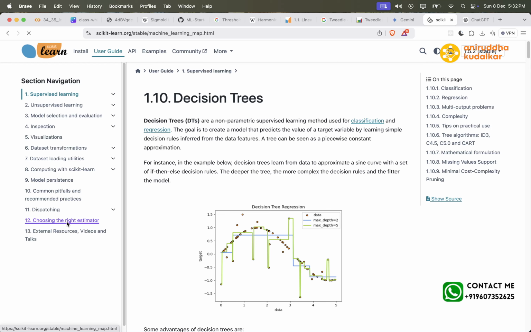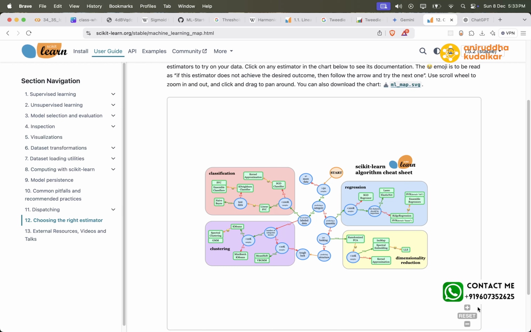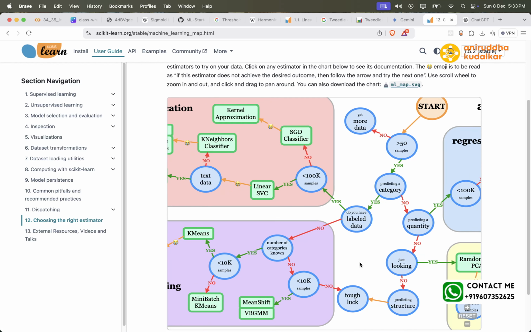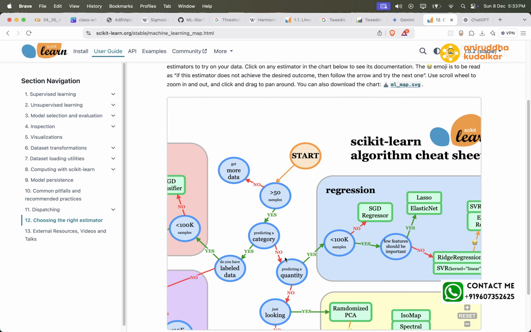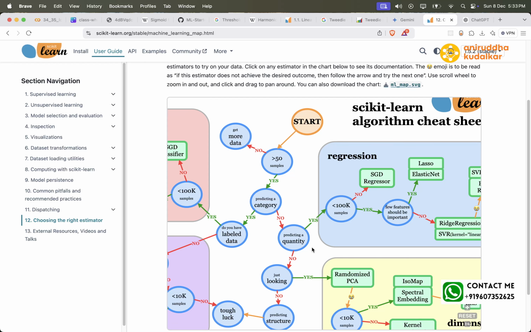Right? And they have given a guide, choosing the right estimator. So if you see, these many algorithms are there. This is the cheat sheet. Start over here. Samples greater than 50? Yes. Then predicting a category. Do you have labeled data, or predicting a quantity?